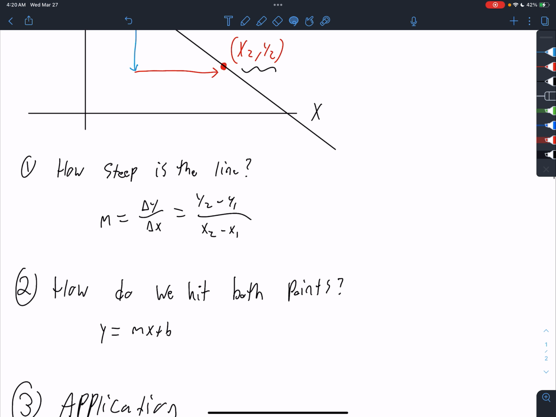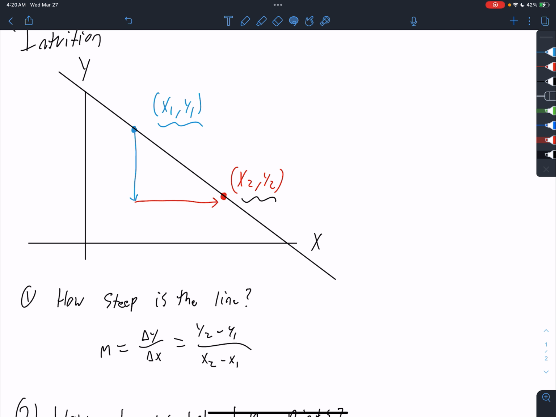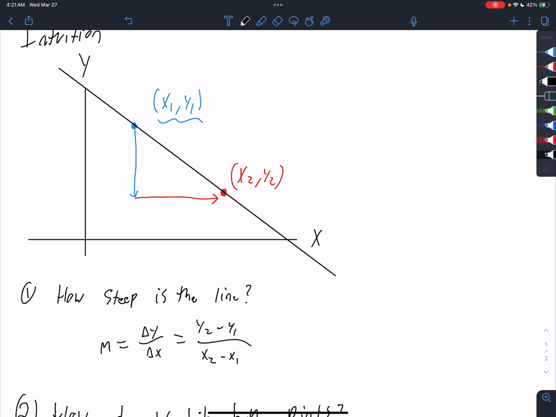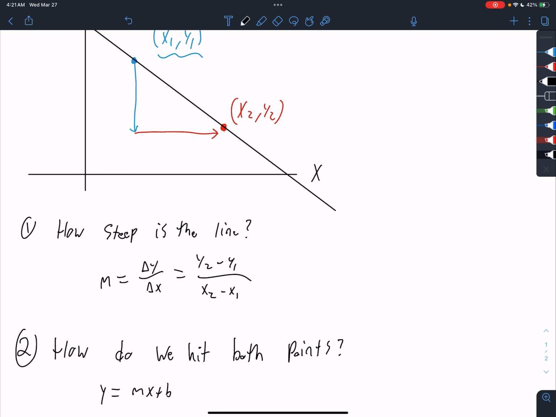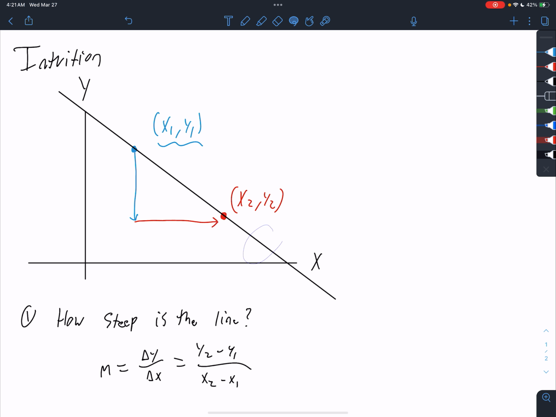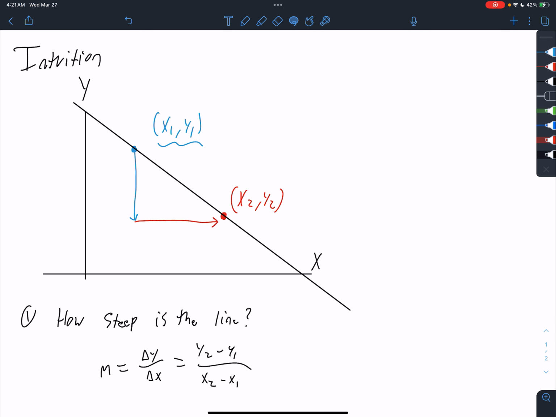So I'm going to plug either of my points in, and then from there, I can guarantee that I'm going to hit both, because we have the slope, and we also fix one of our points. And as soon as we fix it, that's saying, okay, we're going from here, and now we snap to that.